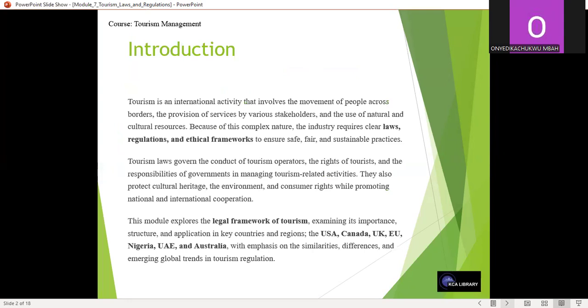Tourism is an international activity that involves the movement of people across borders, the provision of services by various stakeholders, and the use of natural and cultural resources. Because of this complex nature, the industry requires clear laws, regulations, and ethical framework to ensure safe, fair, and sustainable practice.